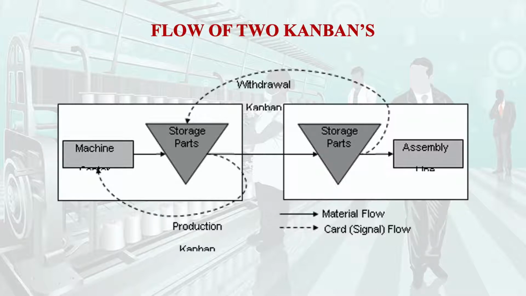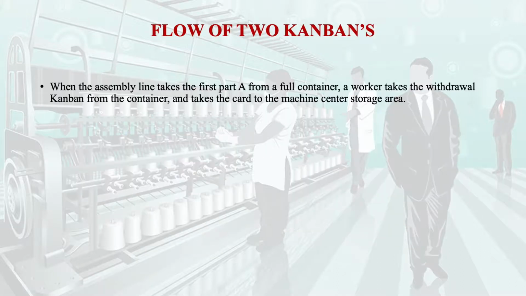Now, how do you define the flow of the two-Kanban system? When the assembly line takes the first part from the full container, a worker takes the withdrawal Kanban from the container and takes the card to the machine center storage area.